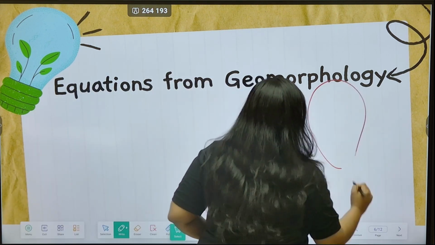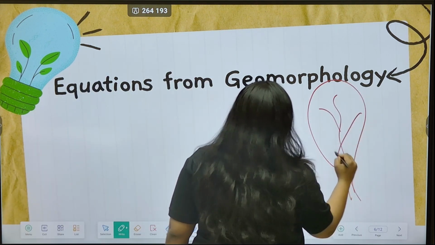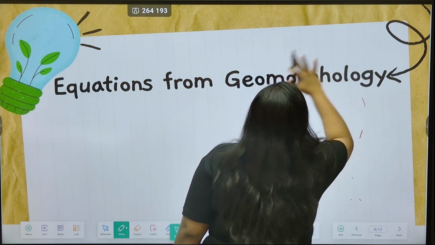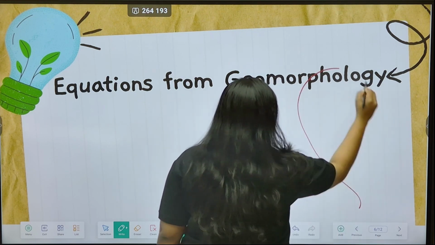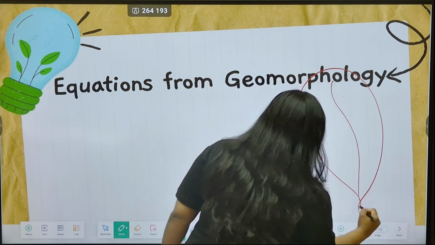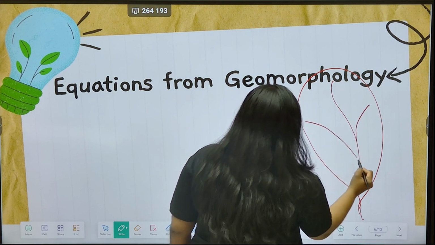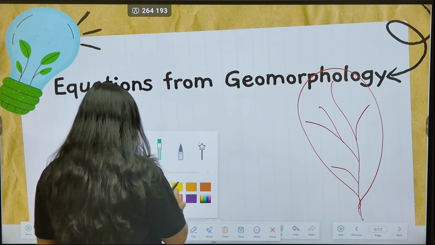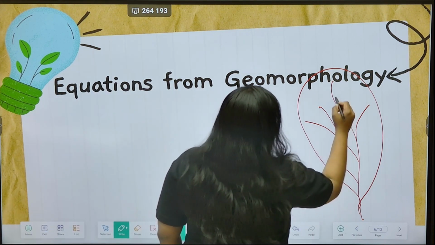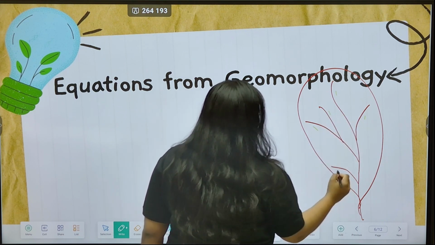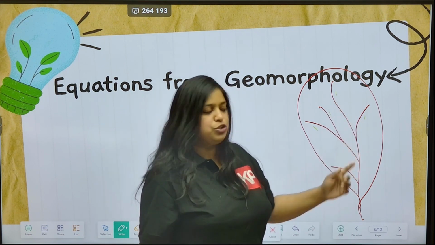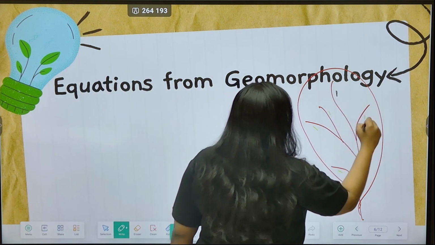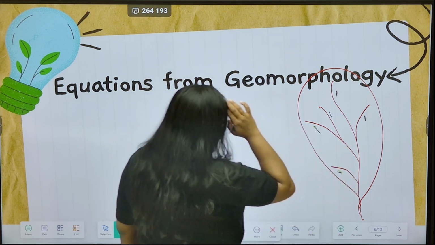Consider a drainage basin with a network of river system. First order streams are those without any segments joined to them. So these are 1, 2, 3, 4, 5, first order streams.